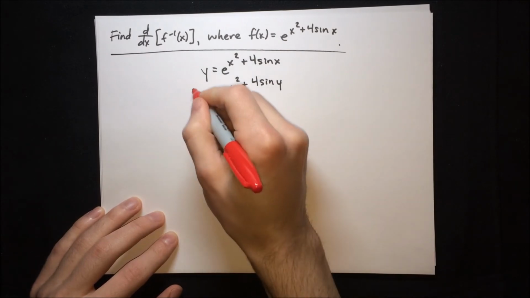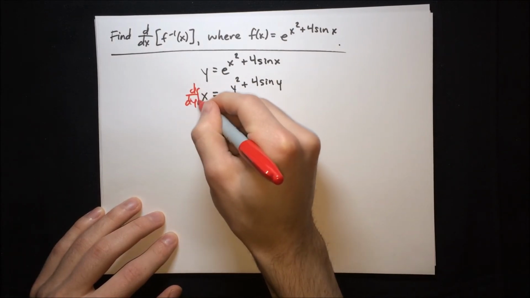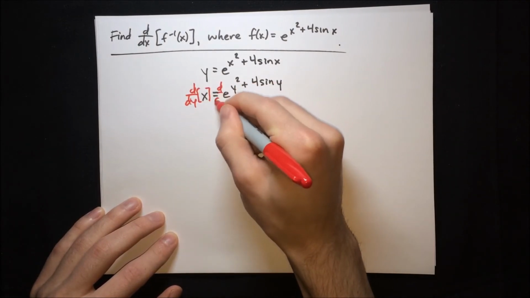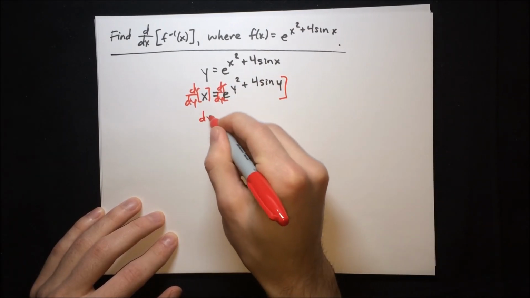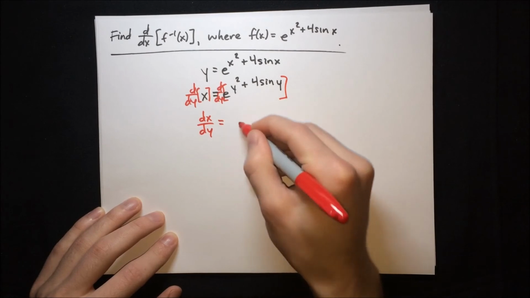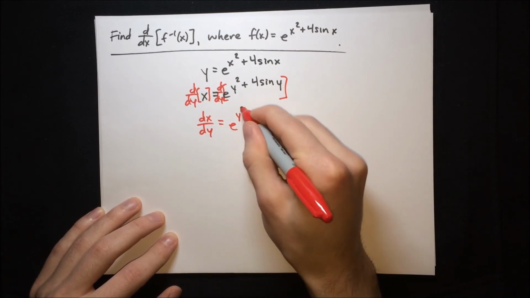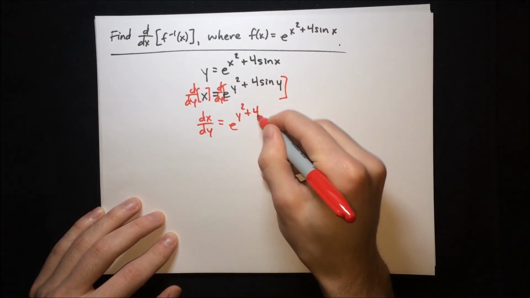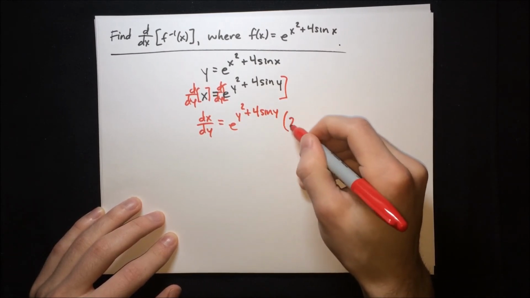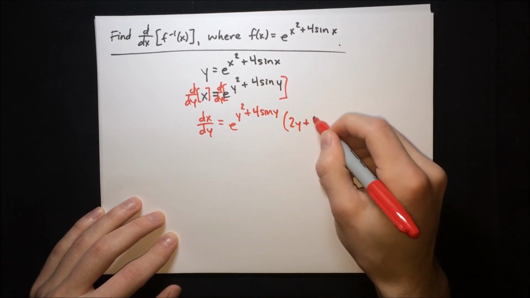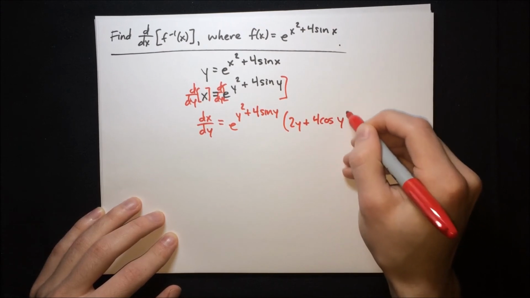Now we take the derivative with respect to y of both sides, and we get dx/dy equals itself times the derivative of the top, so that's 2y plus 4 cos y.